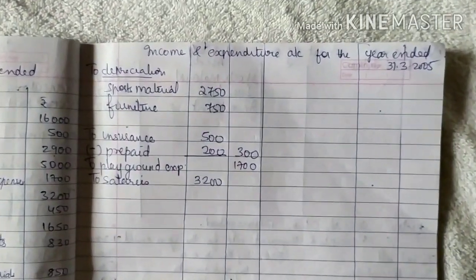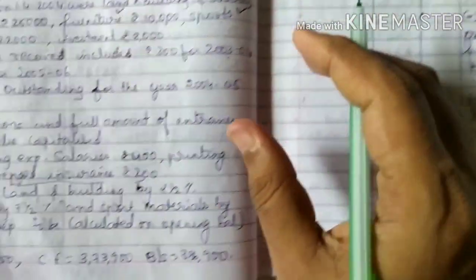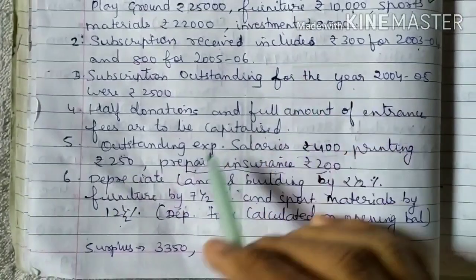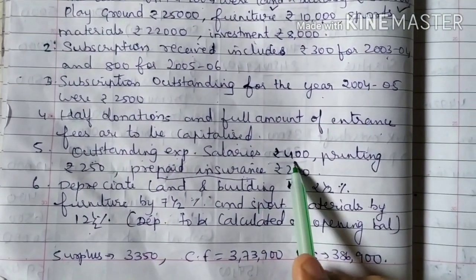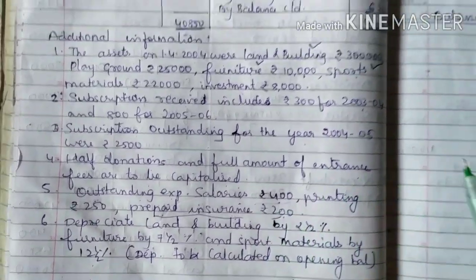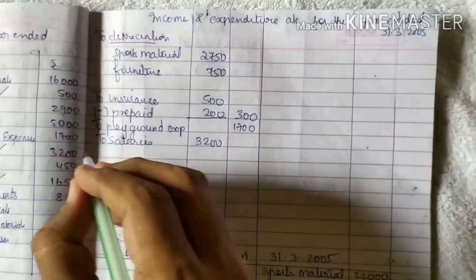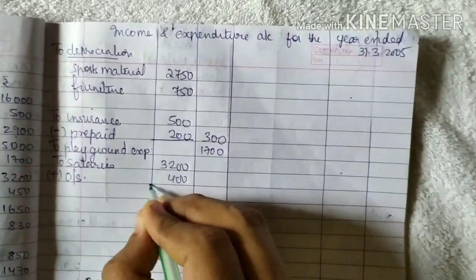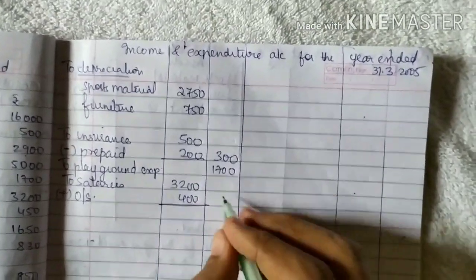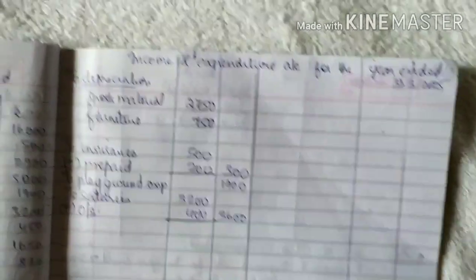There is an adjustment, outstanding expenses, salary rupees 400, it is outstanding 400. So you add here outstanding 400. So 3,200 plus 400, it comes to 3,600.